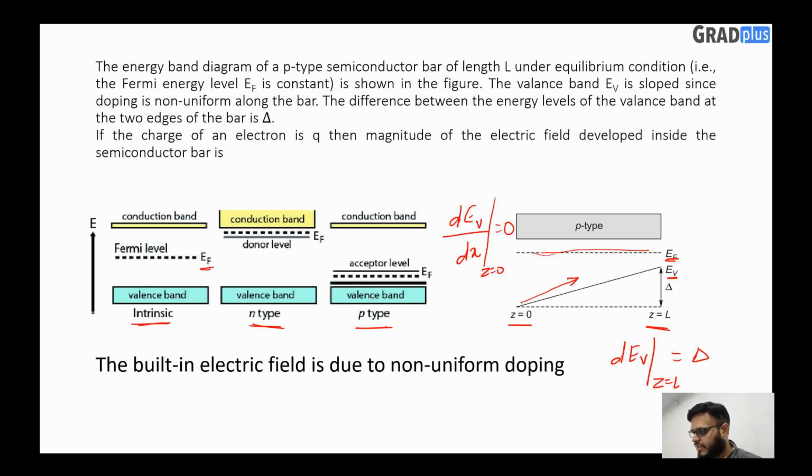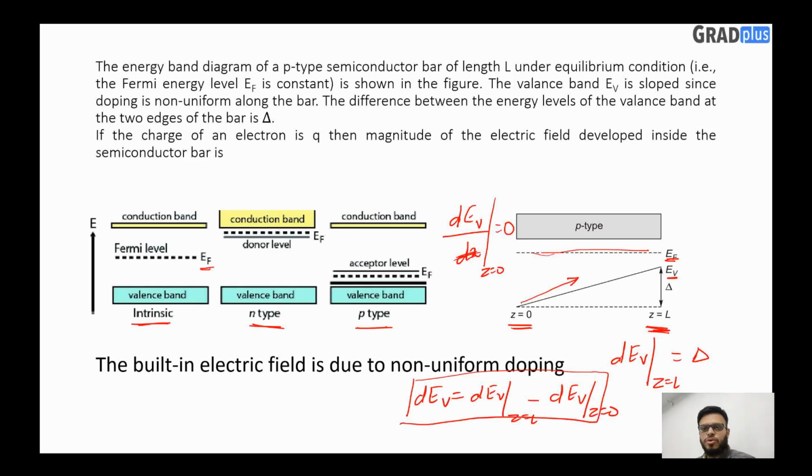Now the total change in EV from z equals 0 to z equals capital L will be dEV equals dEV for z equal to L minus dEV for z equal to 0, which results in delta minus 0, that is delta.